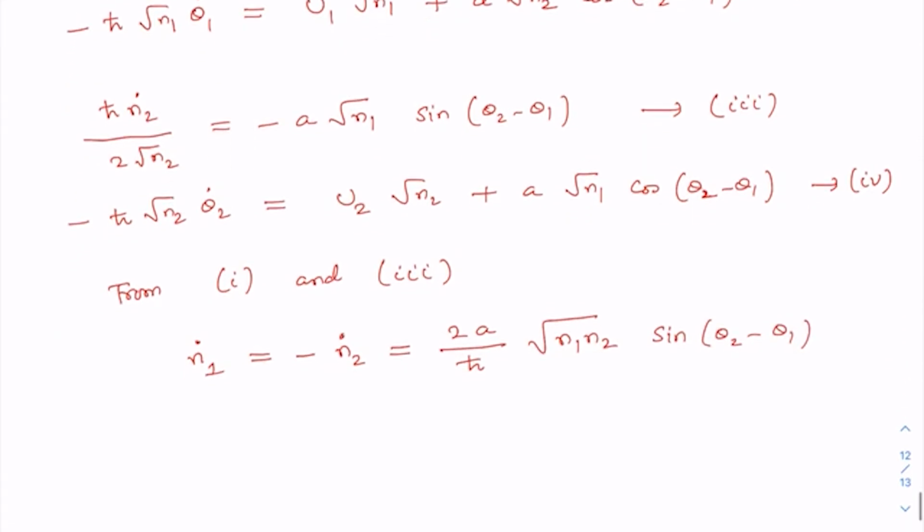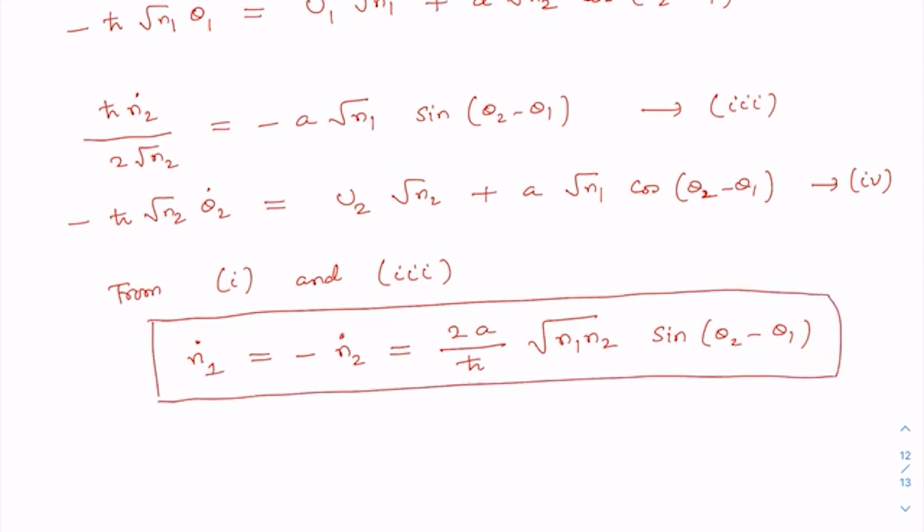Alright, so this equation basically establishes a relation between the superconducting current density and the phase difference across the junction. So phase difference φ is equal to θ2 minus θ1.